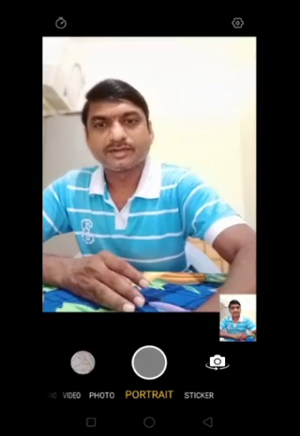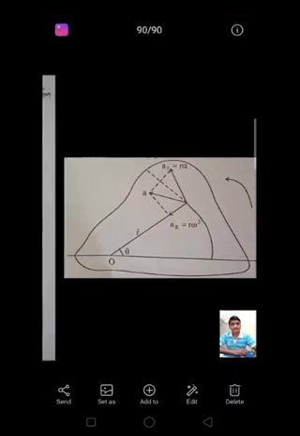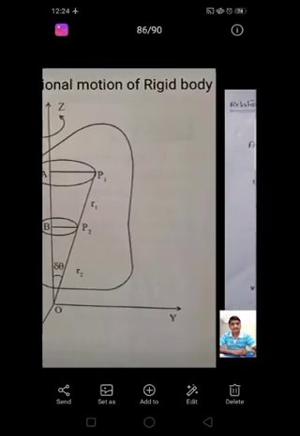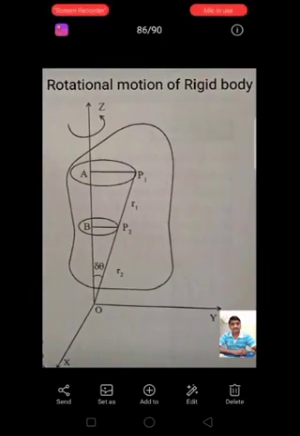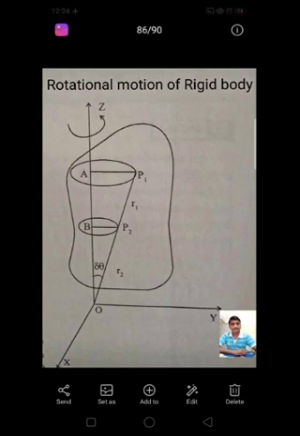One is translatory, second one is rotatory and third one is rolling motion. So this is motion of a rigid body. Now I am going to explain about rotational motion of a rigid body.